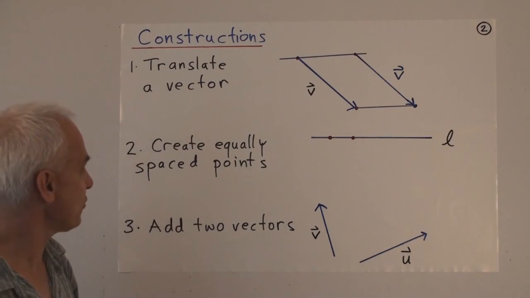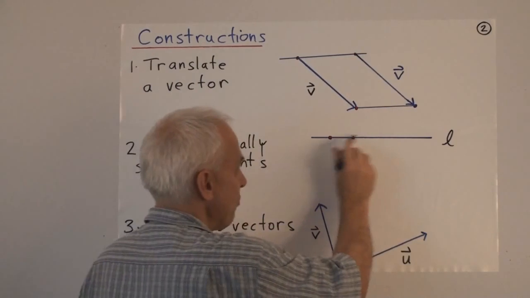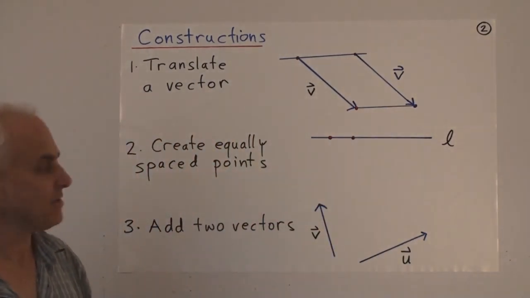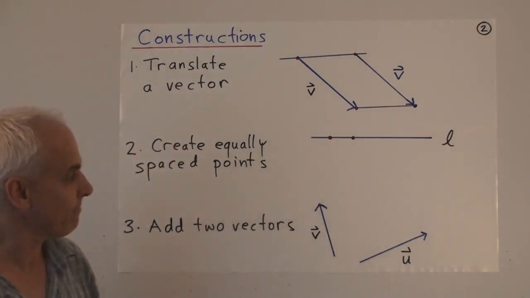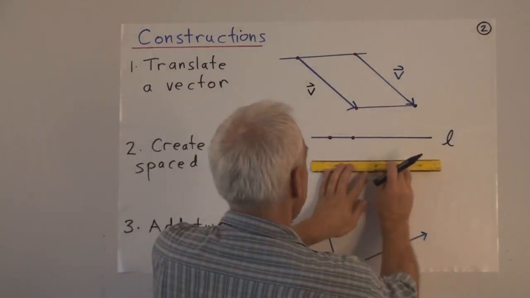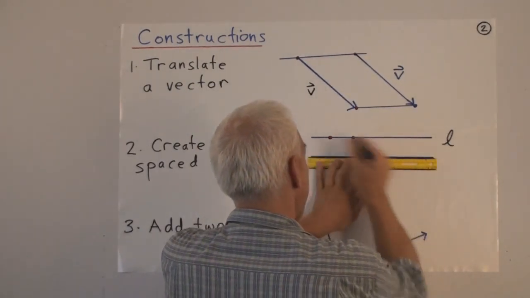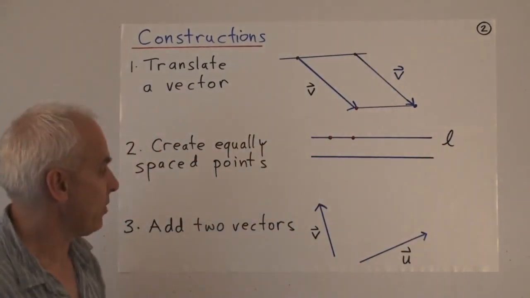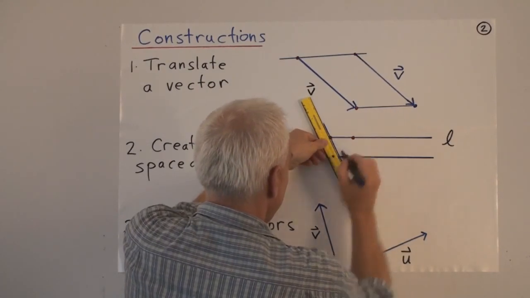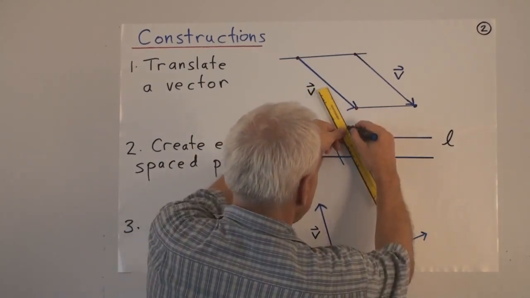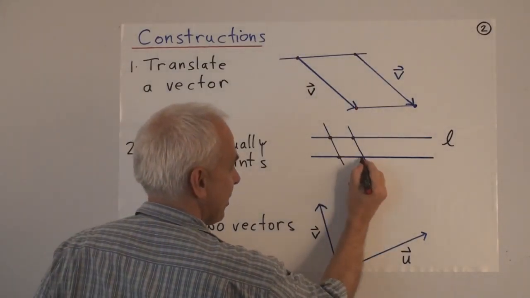Our second construction is how to create equally spaced points. So we're starting off with a line and 2 points on it, and we want to create some more points that are equally spaced to these ones. So what we'll do is we'll start with another line parallel to our given line, and then we'll choose any other line through the 2 points parallel to each other, like that, and that forms for us a little parallelogram.